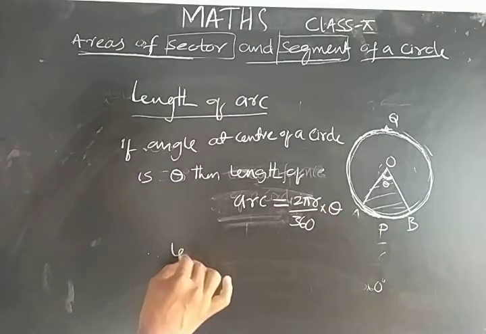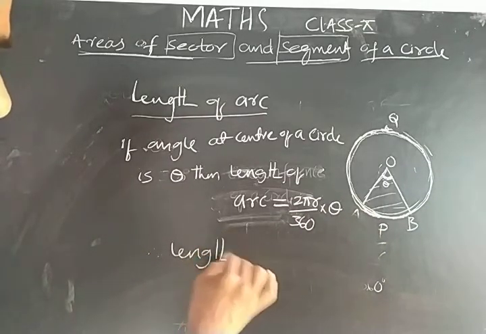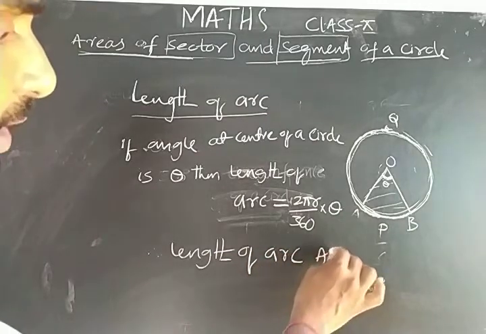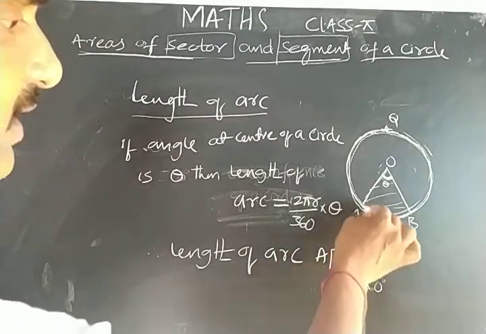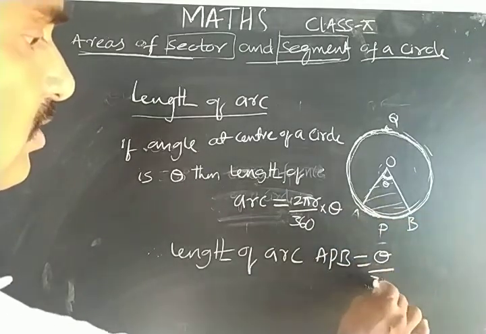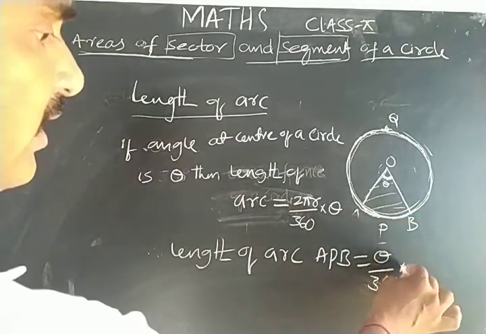Therefore, the length of arc from the diagram, length of arc APB. To get this length of arc, we use this formula, theta by 360 into 2 pi r.